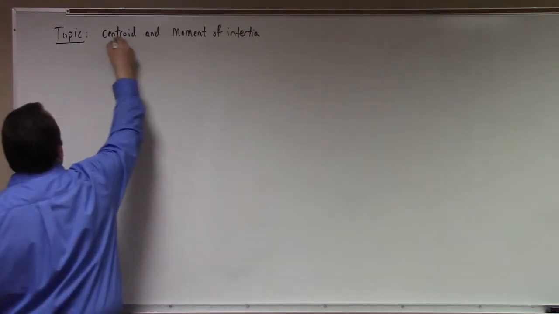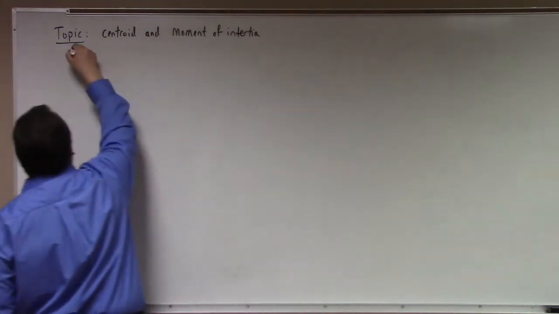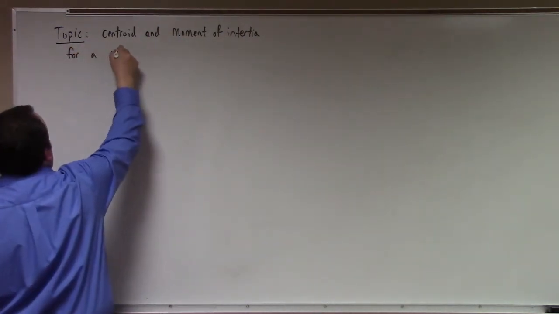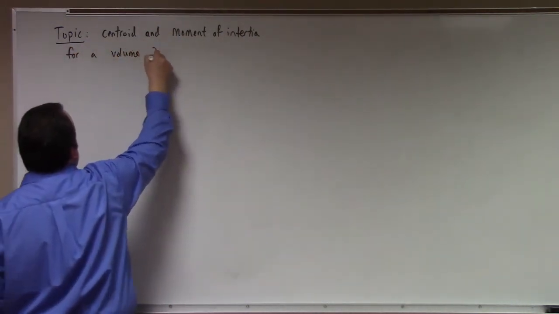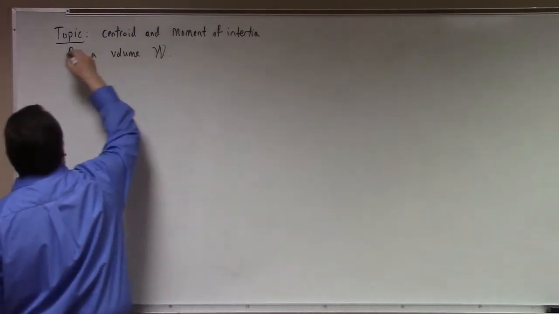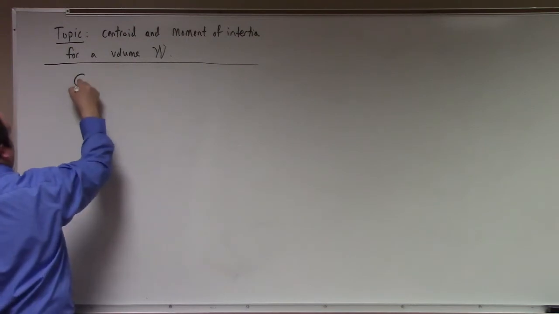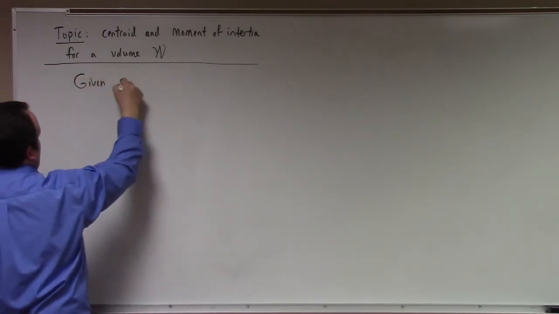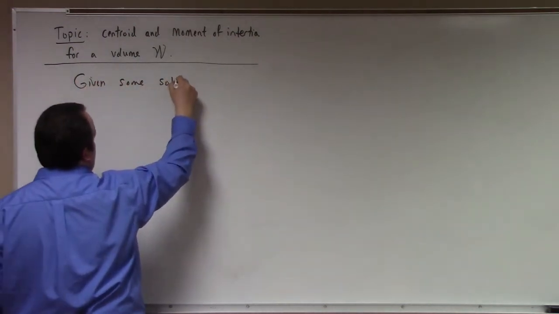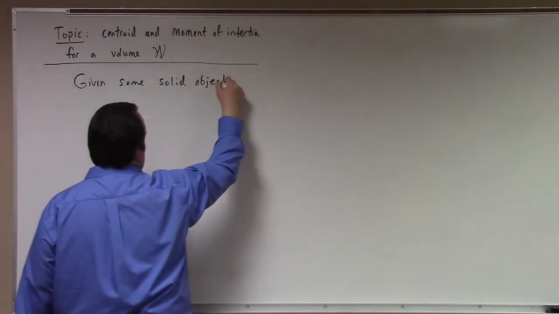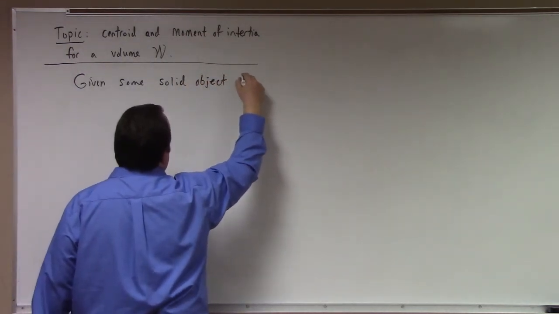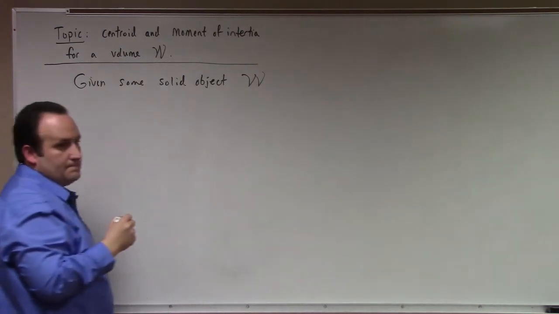So for a volume, I'll call the volume W since that's kind of the letter I've been picking on lately. The idea is you're given some solid object. We'll call it W, all right?